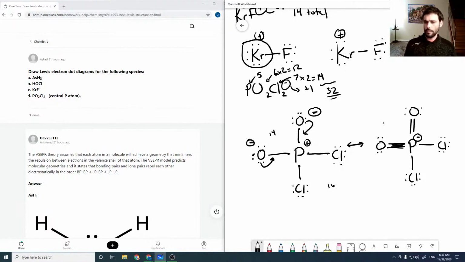But in any case, both of these structures are viable, I would say.